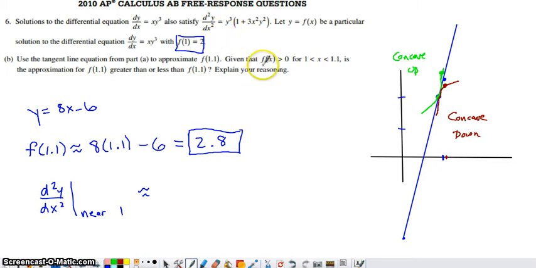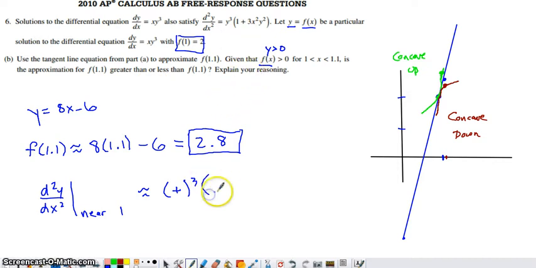It tells us here that y equals f of x. If f of x is greater than 0, that would mean that y is greater than 0 on the interval from 1 to 1.1. So what we have right here is a positive number being cubed. y is going to be positive in between 1 and 1.1.